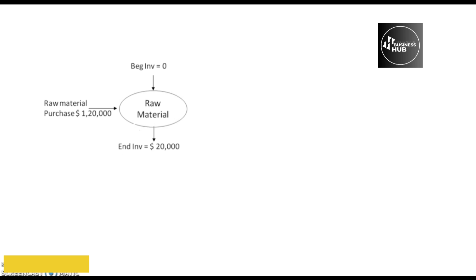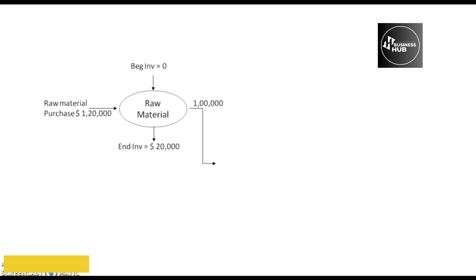But at the end of the year, you see and realize that $20,000 worth of raw materials are still with you. That indicates that $100,000 worth of inventory has gone into work in progress, right?